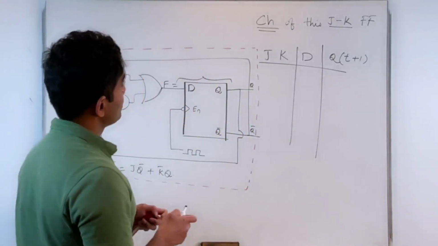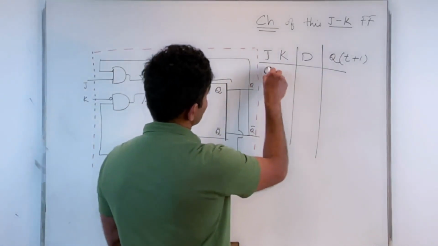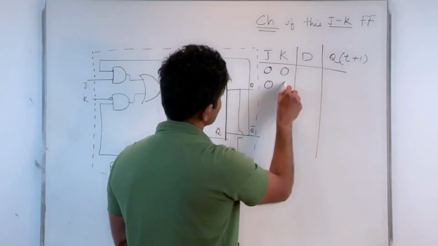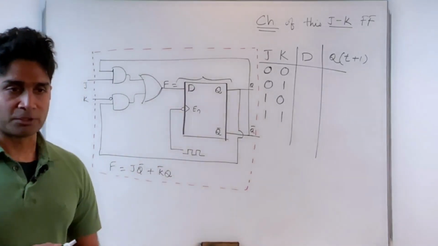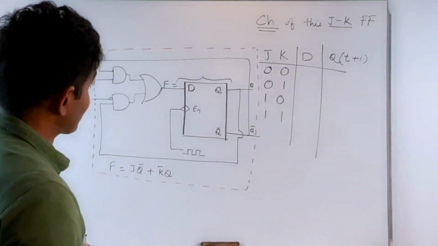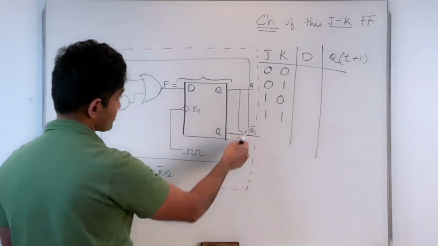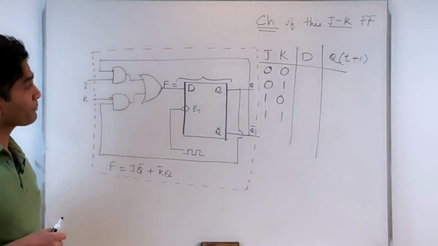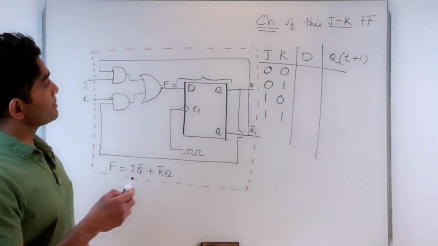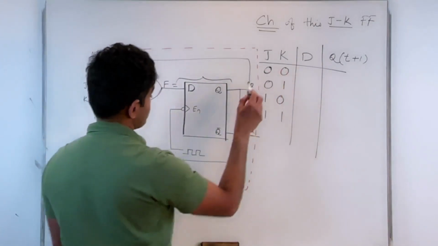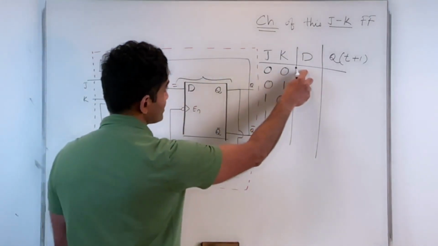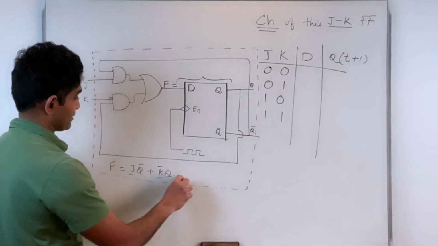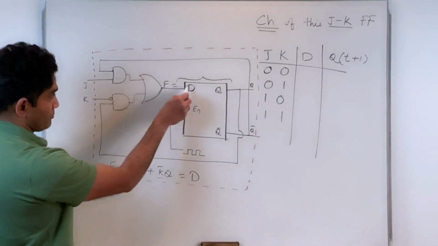Okay. All right. So we chose different values, just like you would do in a truth table. Although this is still a characteristic table because you have the dependence on the outputs. When I apply 0, 0, plug the values here and note down what you get for D, or in other words, F. F is nothing but D, right?